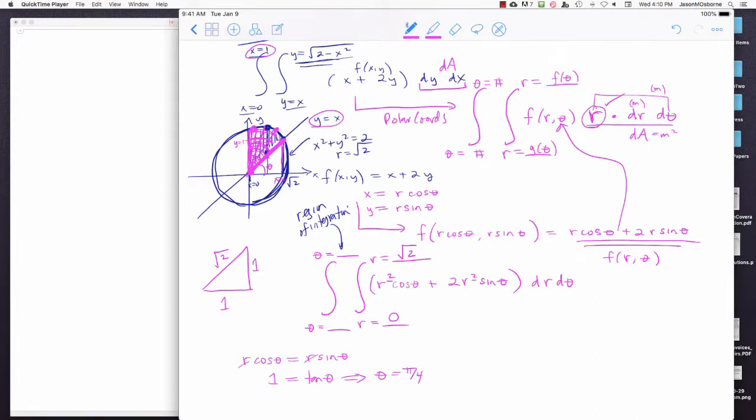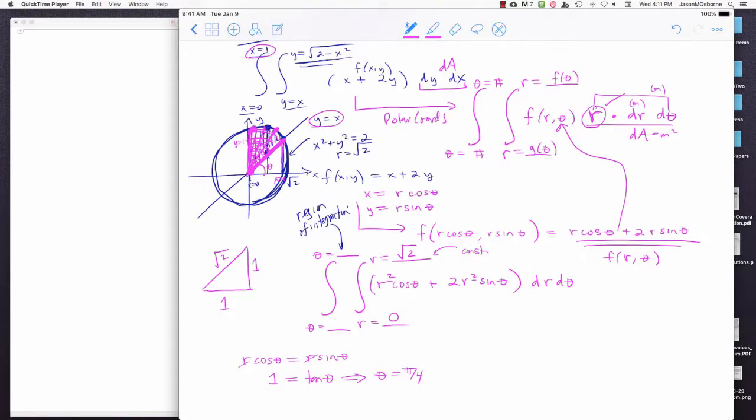So here what we're seeing is that the radius doesn't depend on theta. It's constant. It's the same radius at its maximum, and the radius builds out from 0 to square root of 2.